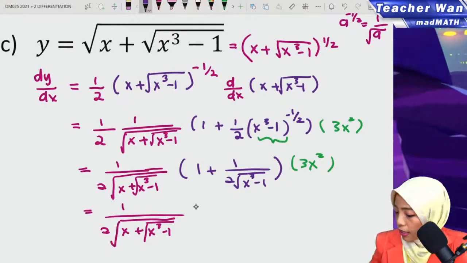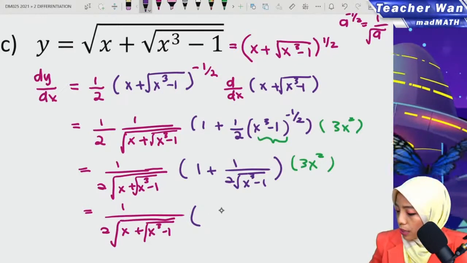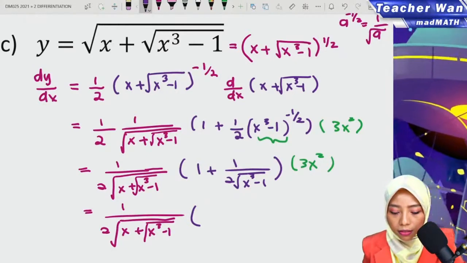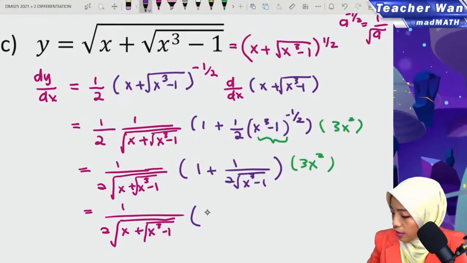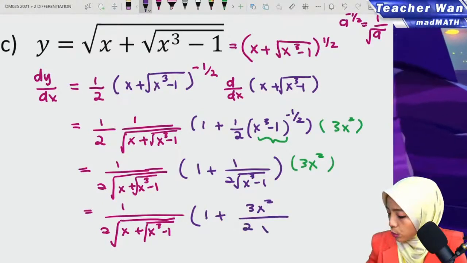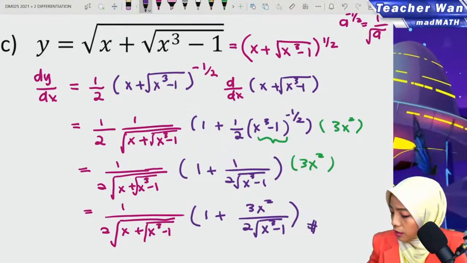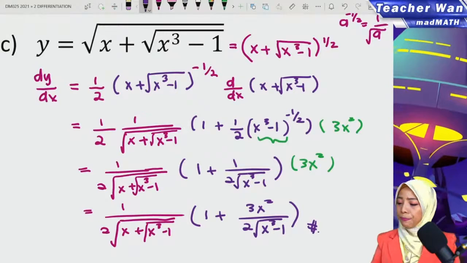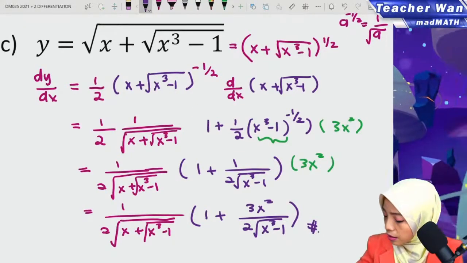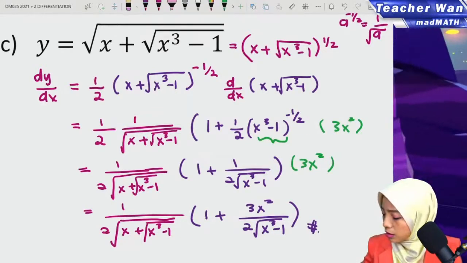Then we have 1 plus 3x squared over 2 root of x cubed minus 1. Let me adjust a little bit here.